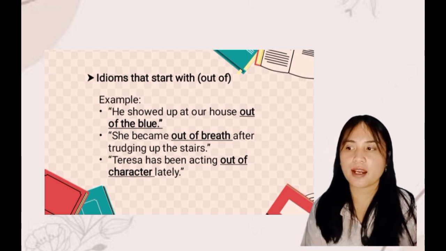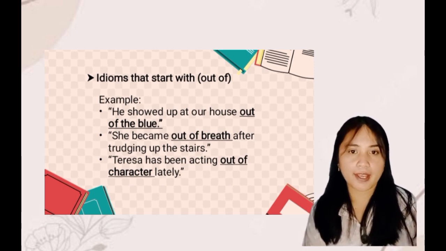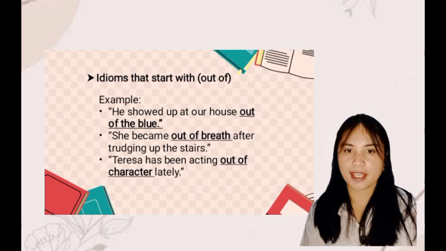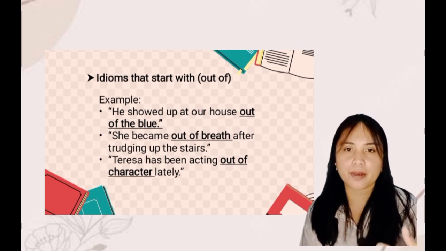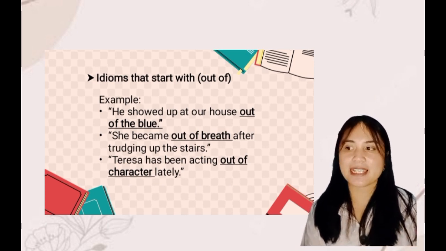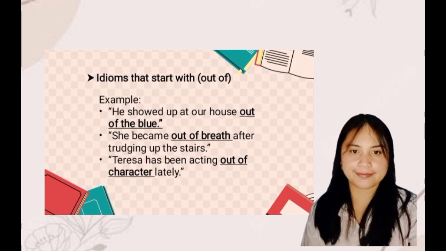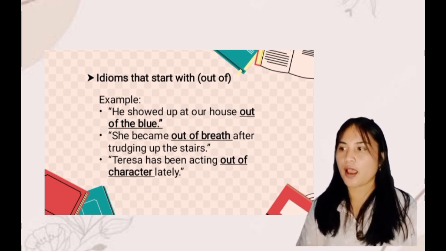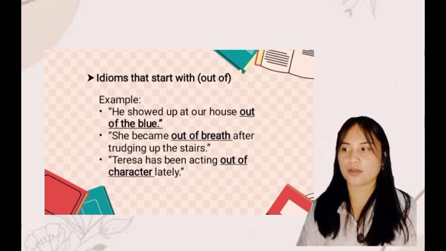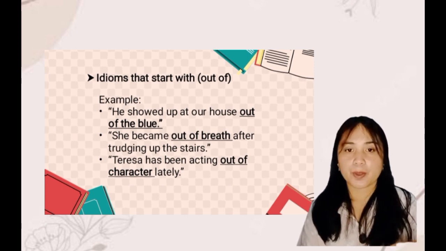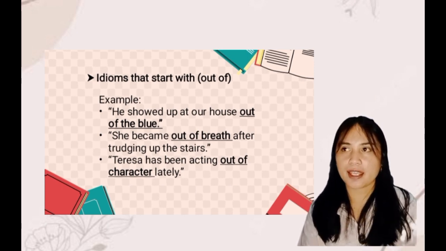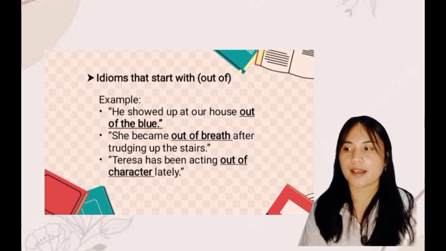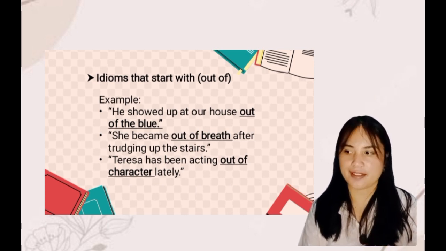So in here, out of is the preposition and followed by the adverb breath. And the last, Teresa has been acting out of character lately. So, out of is a preposition and followed by the adjective character.